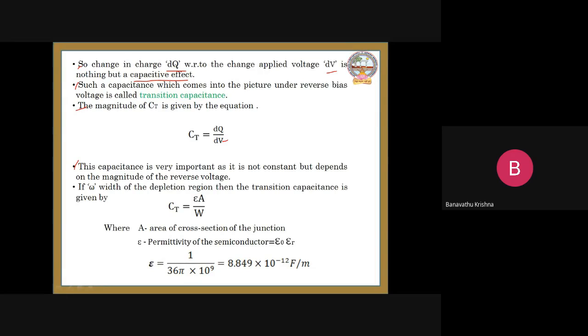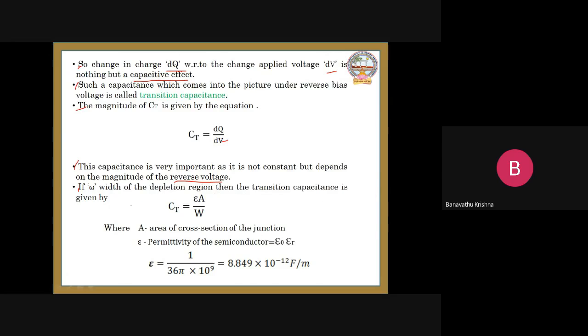This capacitance is very important as it is not constant but depends on the magnitude of the reverse bias voltage. Here W is the width of the depletion region.